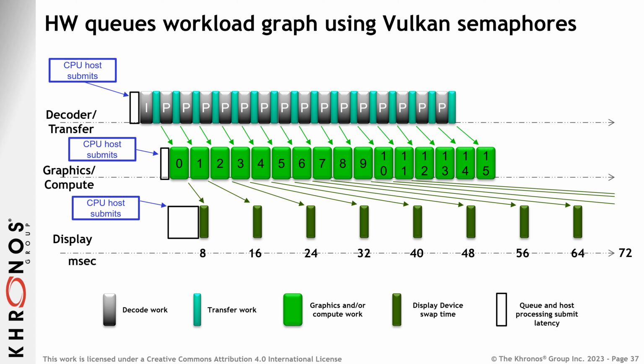Since the decode and graphics queues operate at a significantly faster rate than the display, there is little to no risk of the display missing frames. Those frames are waiting at the presentation queue and, when signaled, get displayed with the next vsync tick immediately.